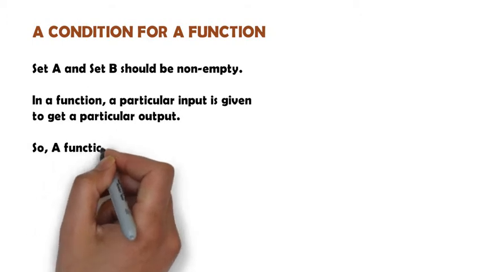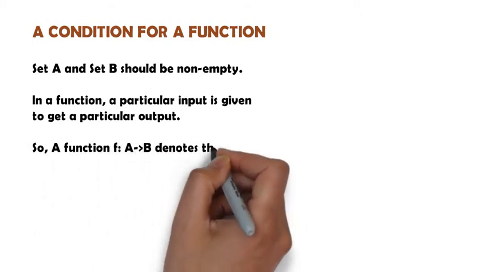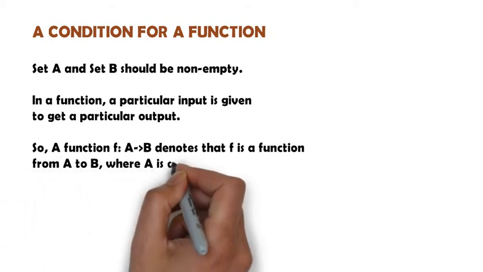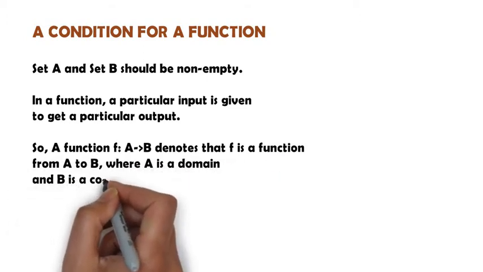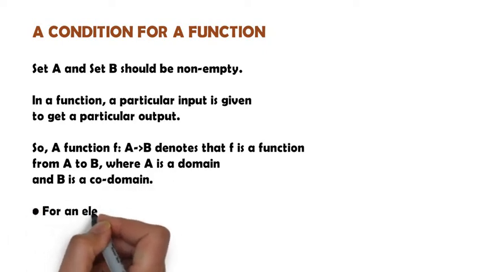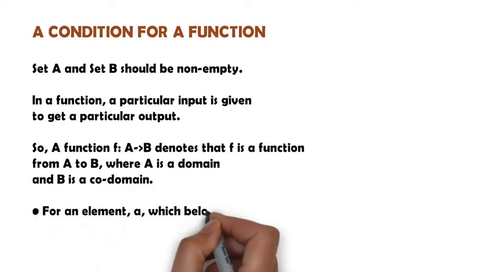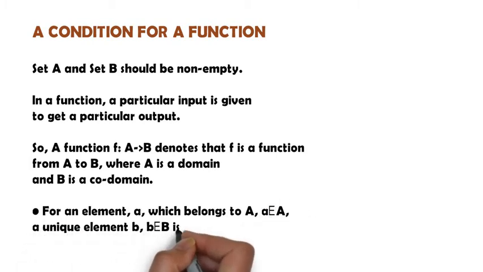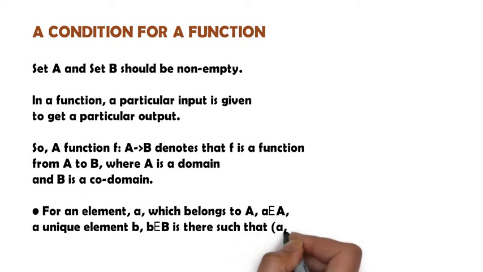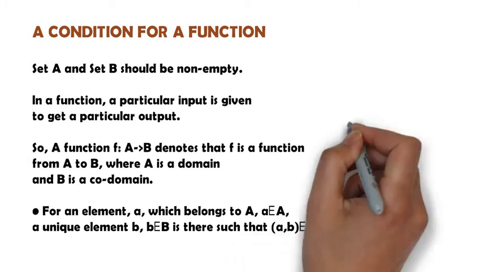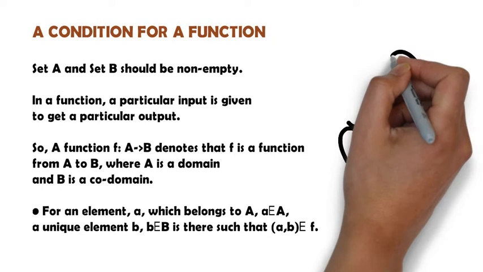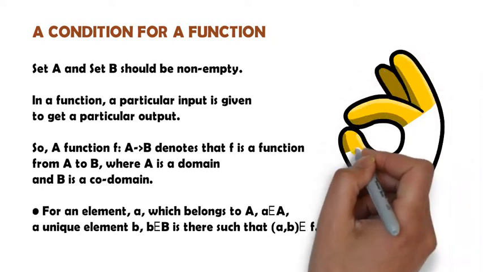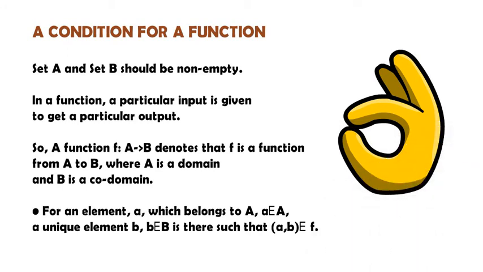So a function f from A to B denotes that f is a function from A to B, where A is the domain and B is called the codomain, or if there is no other element to be mapped upon, it is called the range. For an element a which belongs to the set A, a unique element b belonging to the set B is there such that both a and b are elements of the function.